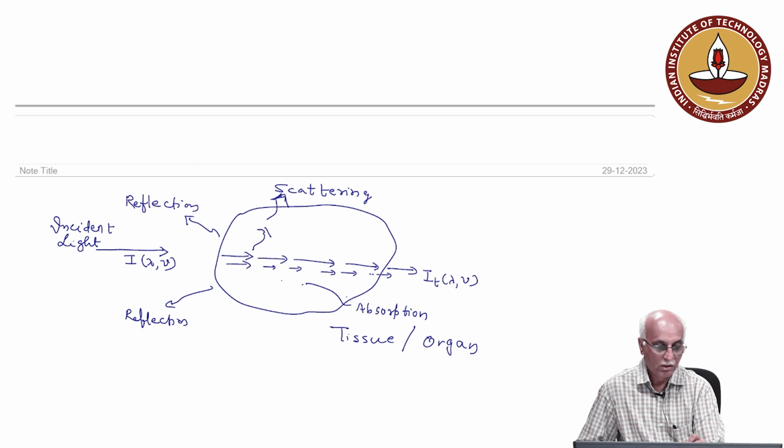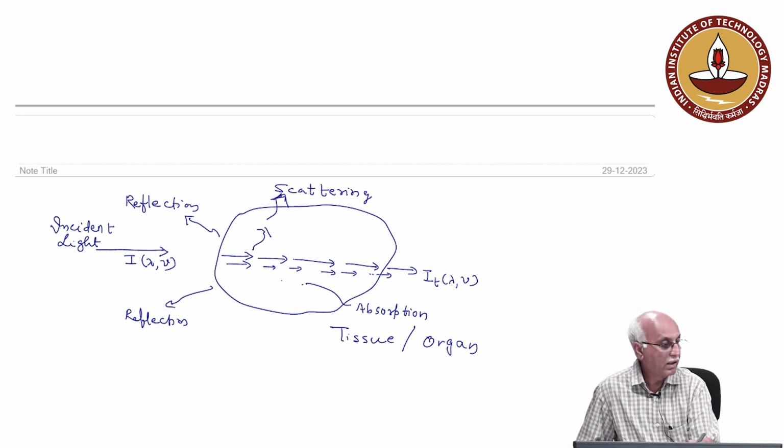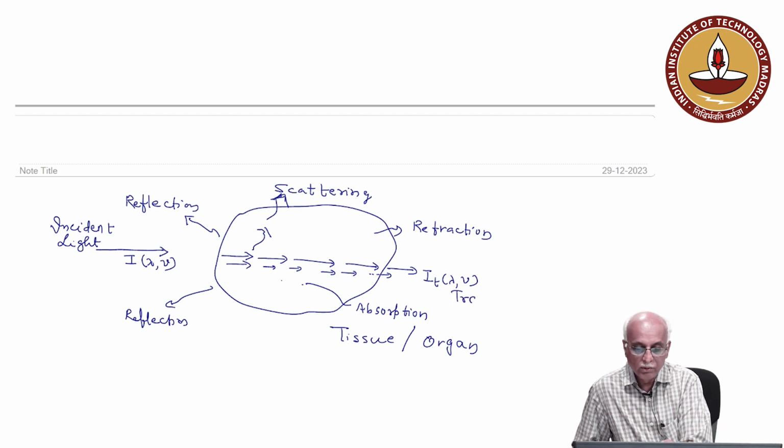And what else will we observe is refraction, which in some cases may also be associated with scattering as well. So some refraction we will also observe. And this is, as I told you, the overall transmission.